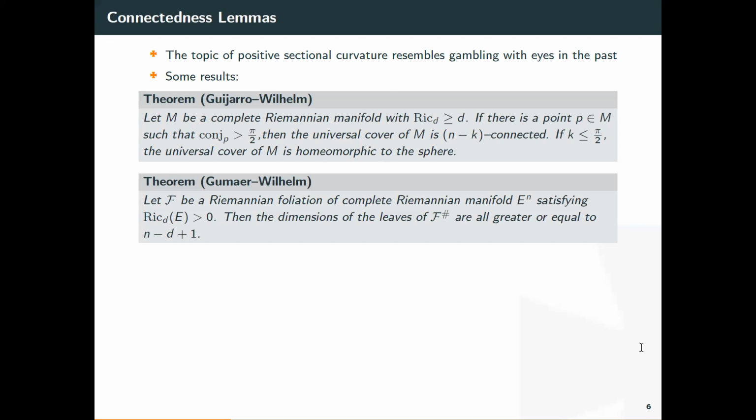So this result is measuring how difficult it is to produce a metric with positive sectional curvature, not directly approaching the problem of showing the existence of metrics with positive sectional curvature, which consists of taking d equals 1. This condition, a dual leaf being the whole manifold, can be weakened: if you have non-negative sectional curvature with positive sectional curvature at one point, the dual foliation is trivial as well, meaning that there's only one leaf, the whole manifold.